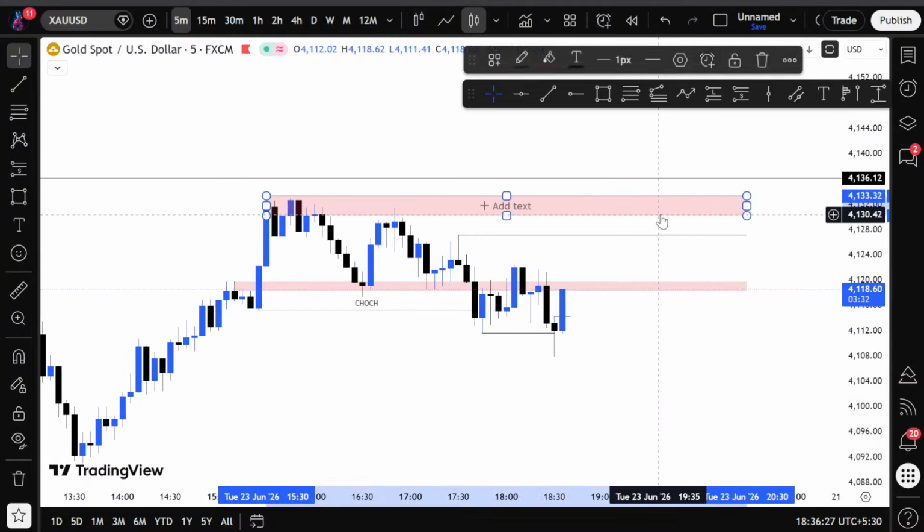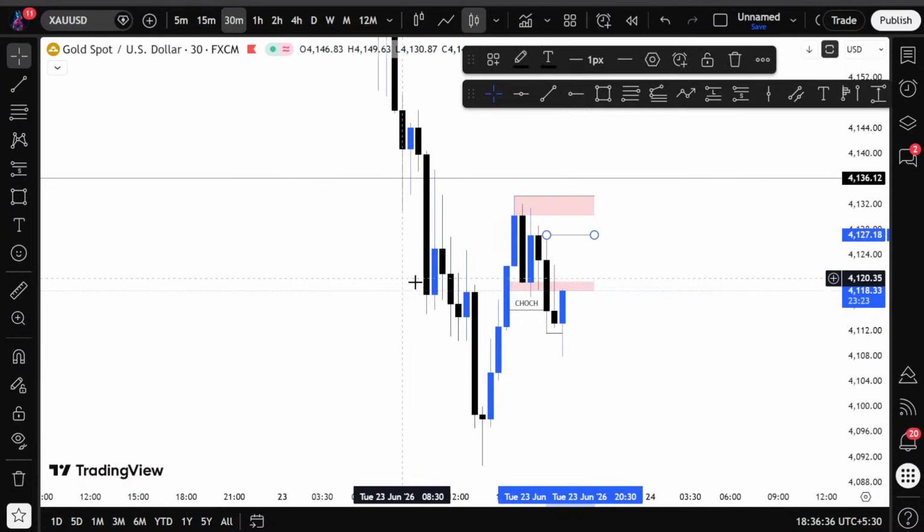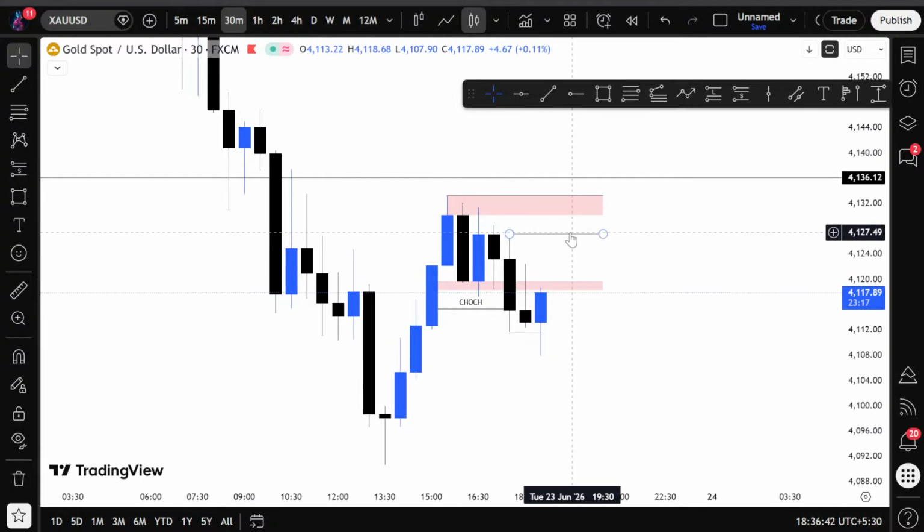Where is it? So this is 30. We will be watching for short from here. 30-minute time frame. Low sweep. This high needs to get swept. Possible test.